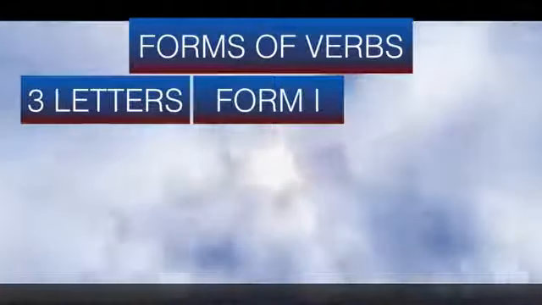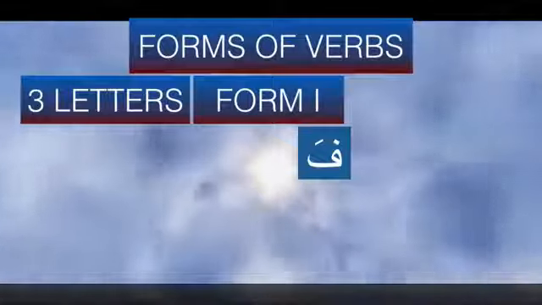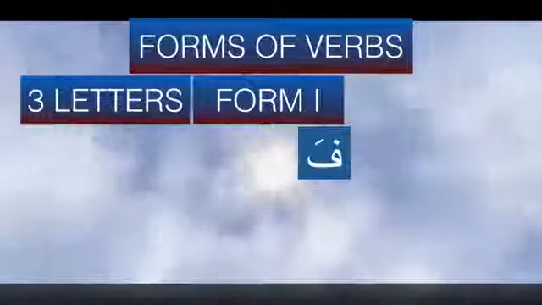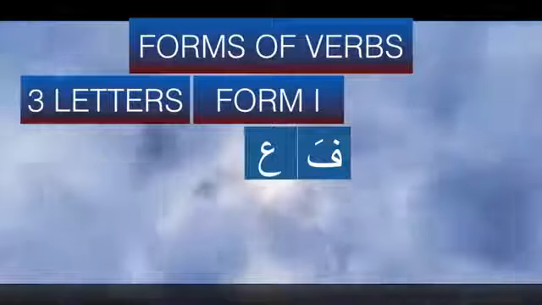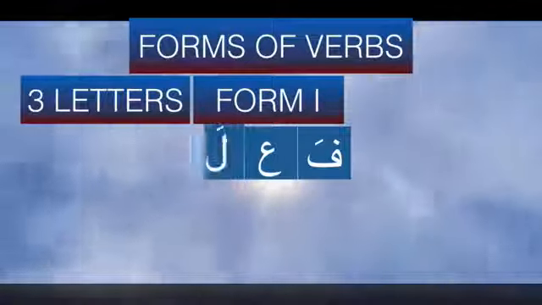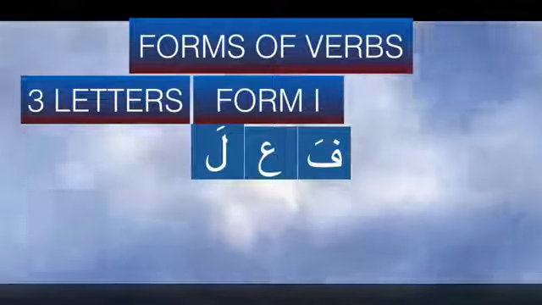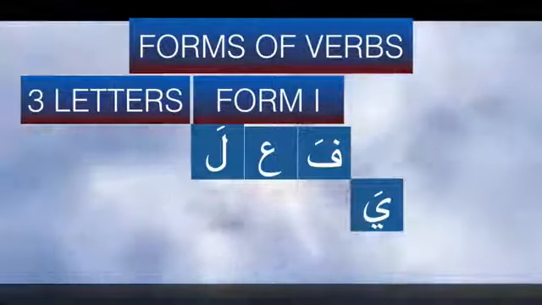That's form 1. And we know that it's got 3 letters in it, which are fa kalima, which always has fatha; ain kalima, where the action takes place, which can have fatha, dhamma, or kasra; and lam kalima, which always has fatha again. And we know mudari' always starts with ya.